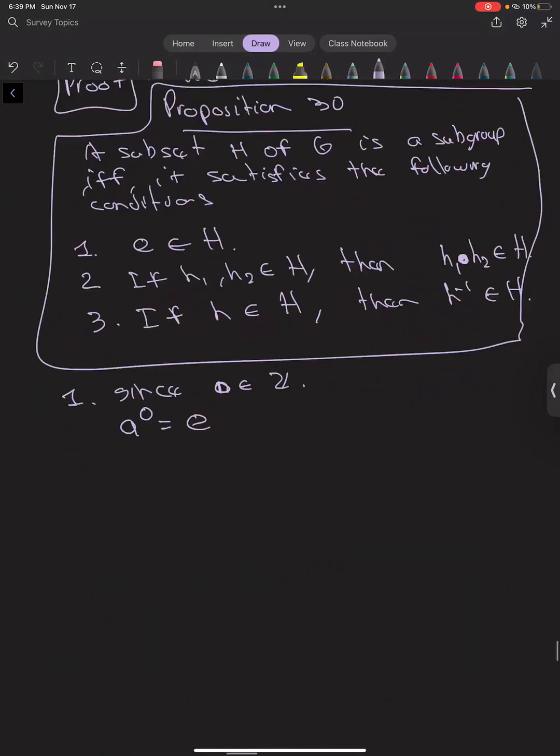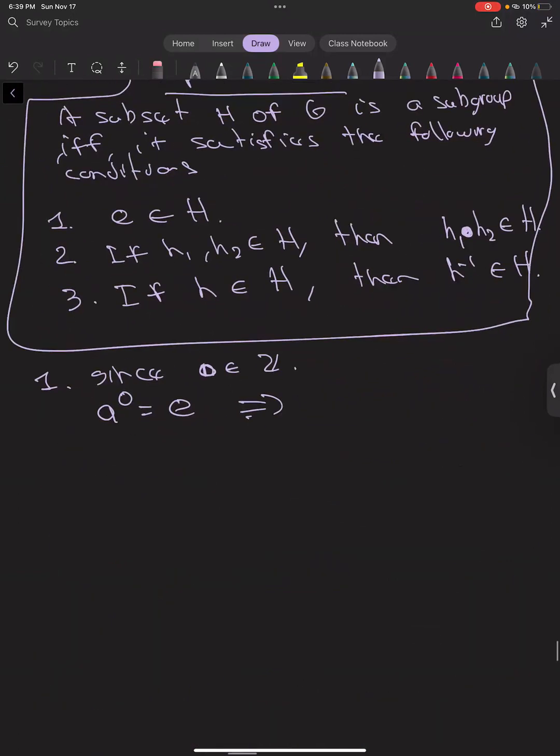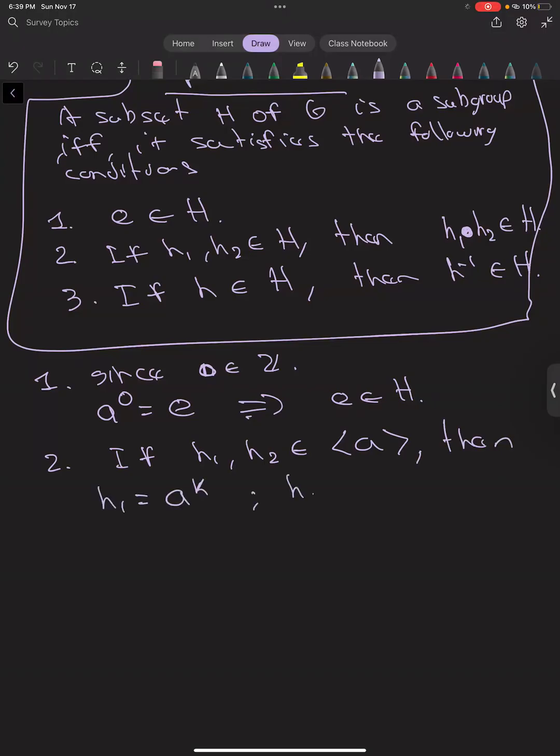Therefore, the identity belongs to H. The next one says if h1, h2 belong to H, then h1 operation h2 belongs to H. So h1 equals a^k and h2 equals a^m for some integers k and m.